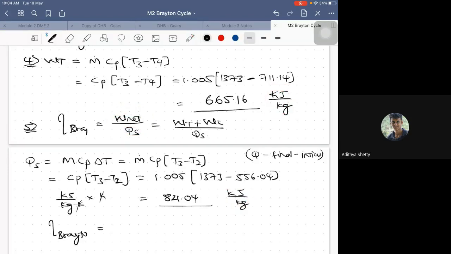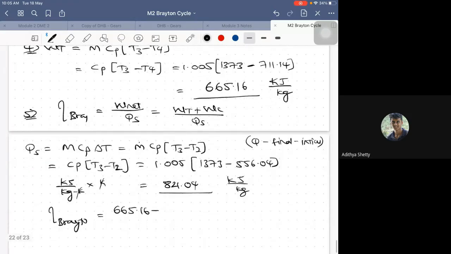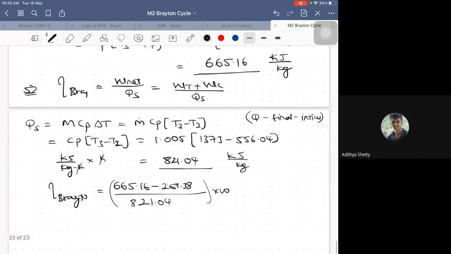So now you can substitute it directly. Wt is 665.16 minus 269.38, since Wc is negative, divided by 821.04. If you multiply it by 100, you would get it in percentage.